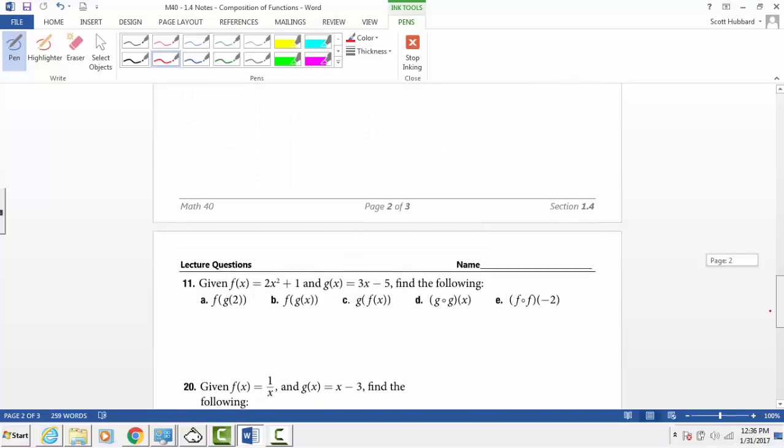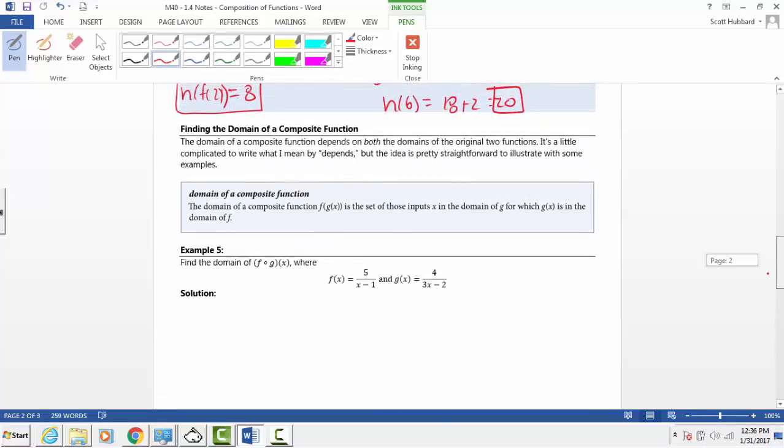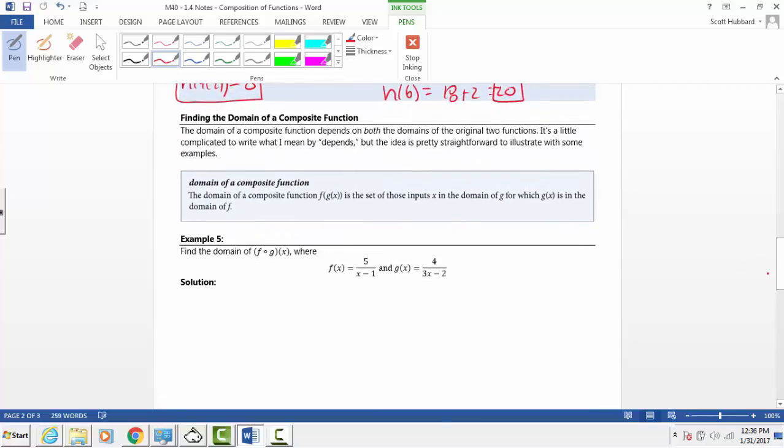And we're going to be talking about one last thing, which is the domain of a composition, okay? Just as a reminder, the definition of domain is the set of all valid inputs.